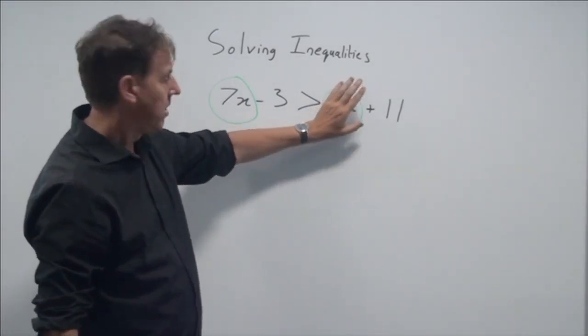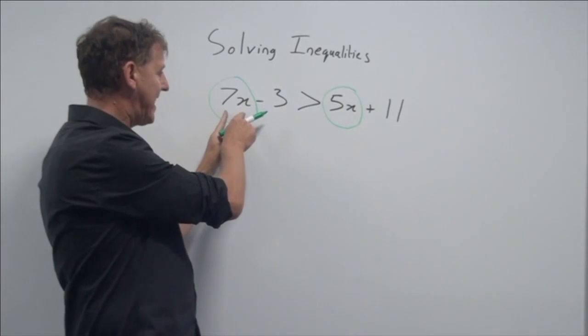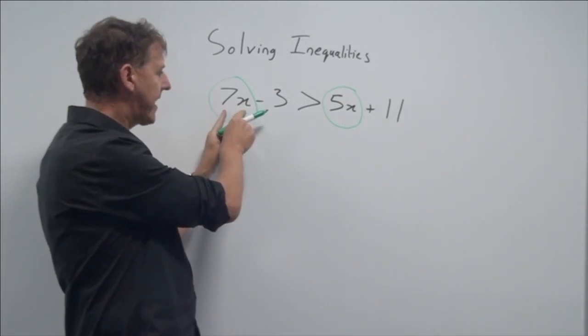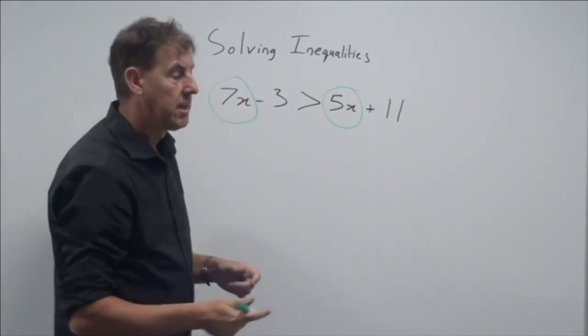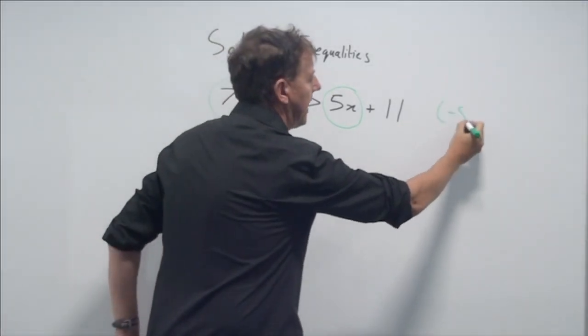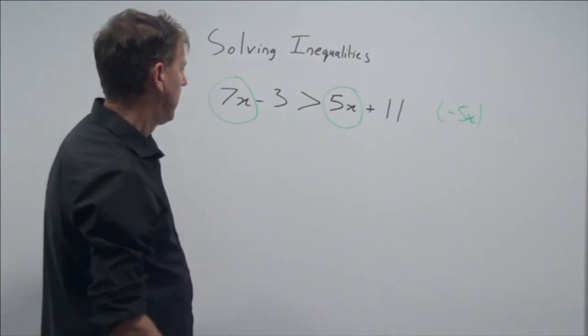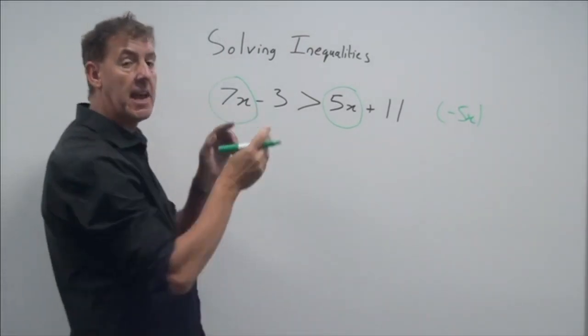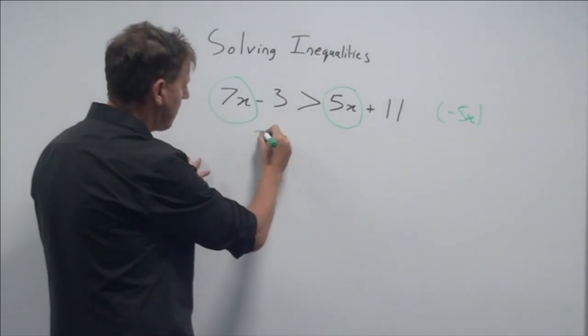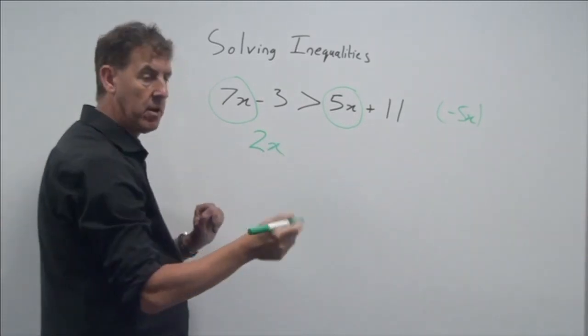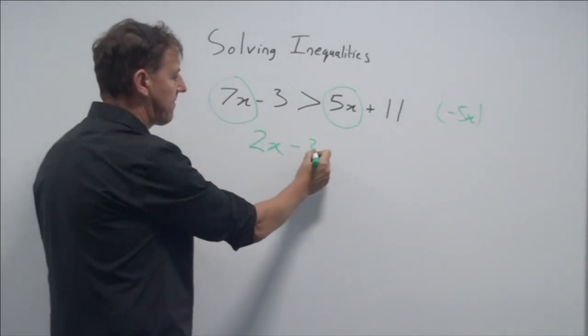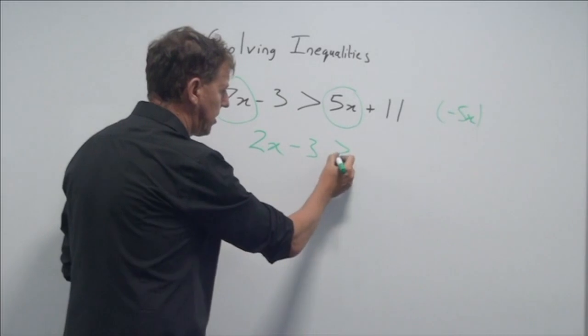But I must now do it exactly here. I must take 5x off that 7x. So what am I doing to the inequality? I'm taking 5x off both sides. So 7x, take away 5x, leaves me with 2x. Not touched, take away 3, not touched that plus 11.